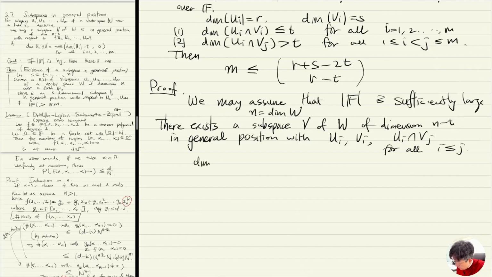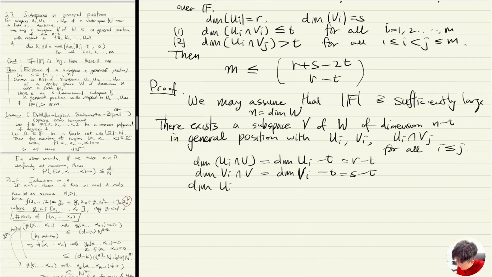Then the dimension of Ui intersection V is the dimension of Ui minus t. The dimension of Vi intersection V is the dimension of Vi minus t. So this is r minus t, this is s minus t.